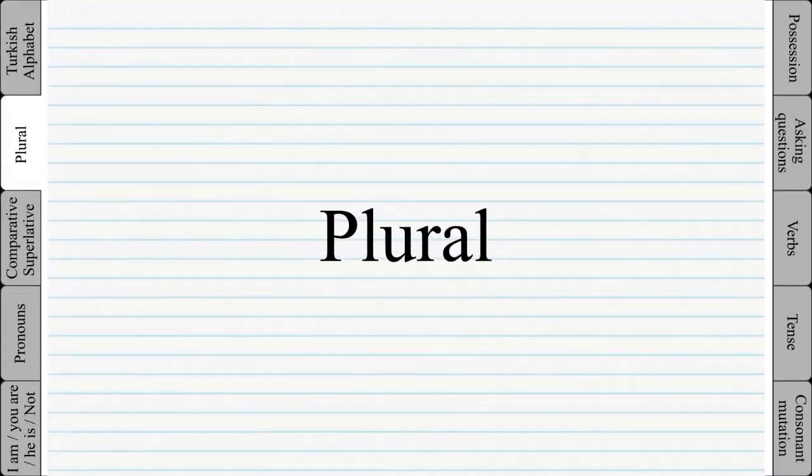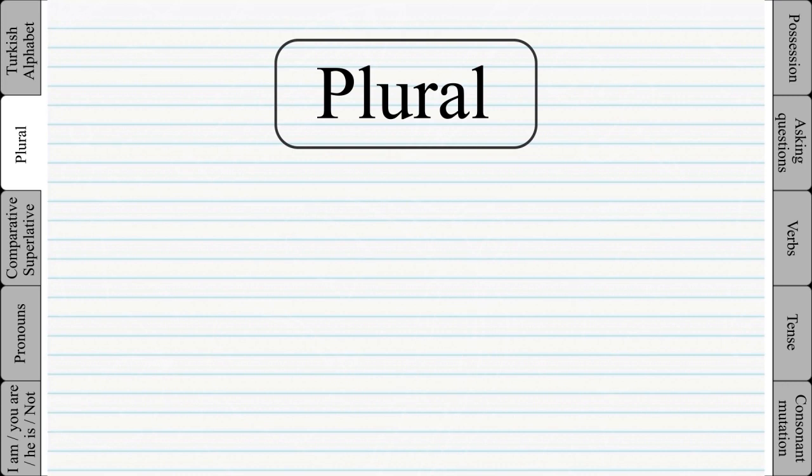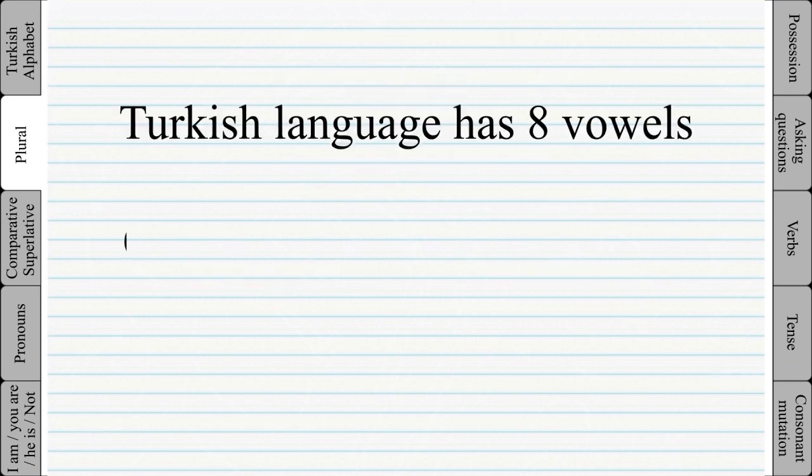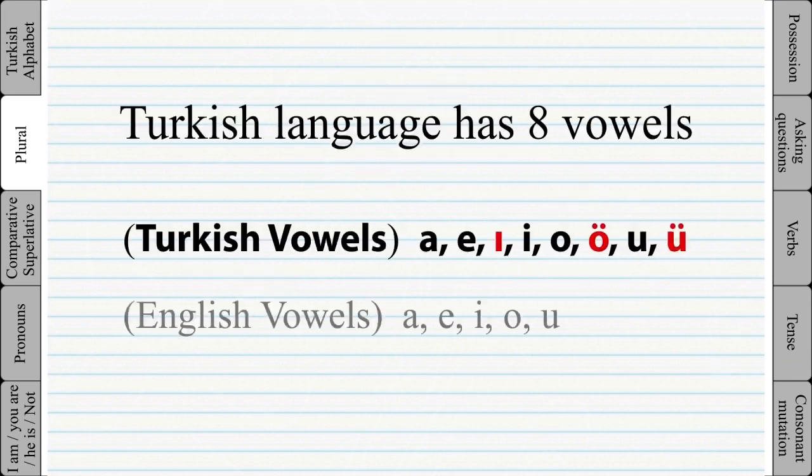Plural. To make a word plural, we add either ler or lar. Which one to use depends on the last vowel of the word. And these are the vowels in the Turkish language.